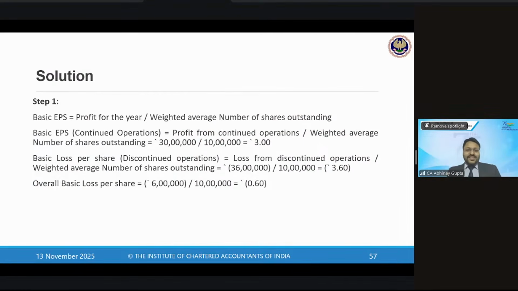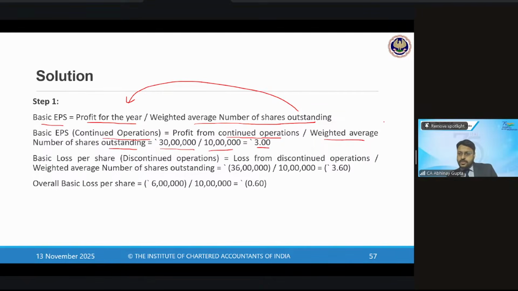So if life was so simple, what does the standard say? Now we will understand. Step 1, basic earning per share is the profit for the year divided by weighted average number of shares outstanding. This is the formula we already know. Basic earning per share from continuing operations is profit from continued operations divided by weighted average number of shares outstanding. So 30 lakhs divided by 10 lakhs, 3 rupees. Our answer is correct.